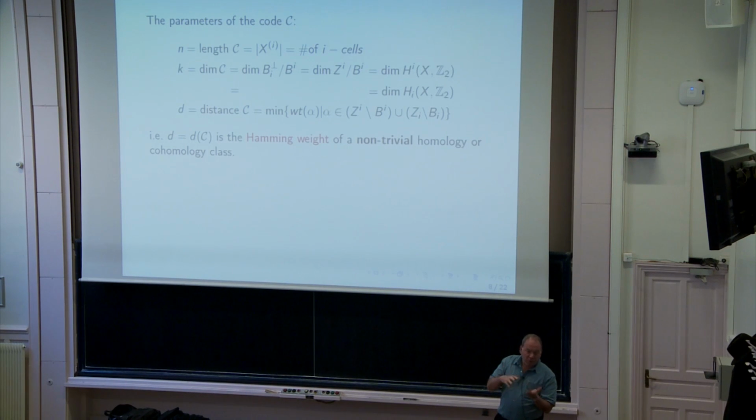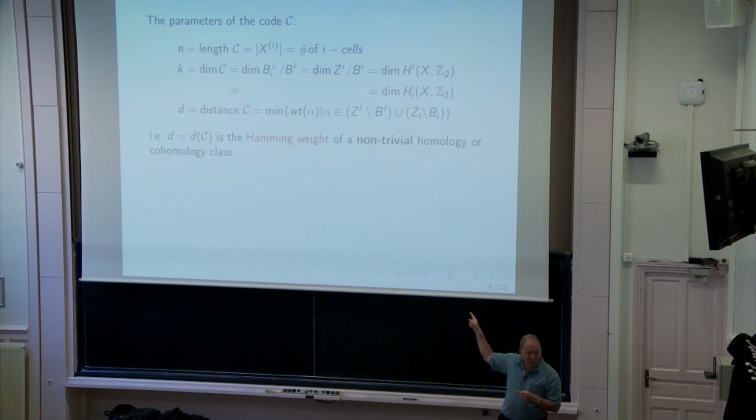Now, if you can do it for homology, why not also for cohomology? If you do it over R, why not over Z2? Well, very few people have done it so far over Z2, but it's just as natural in some sense. And here is a case where this is exactly what is needed in quantum error correcting codes.